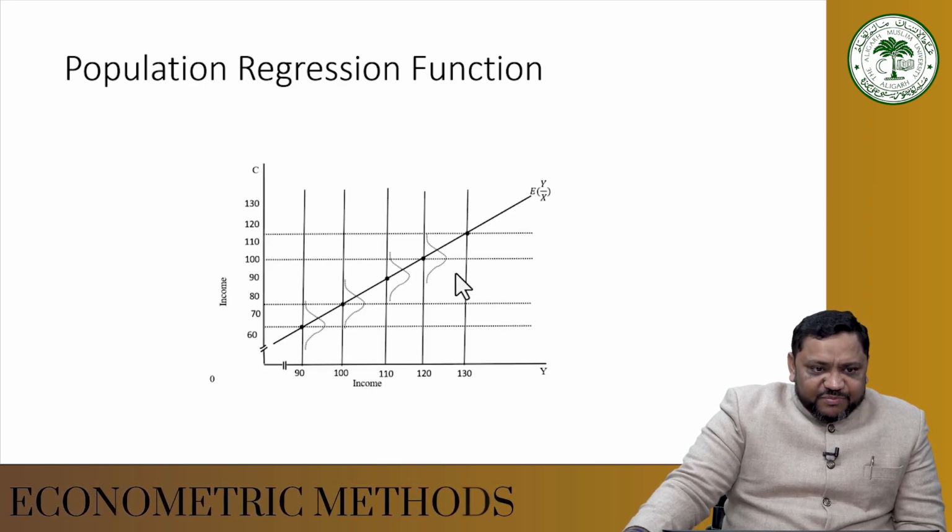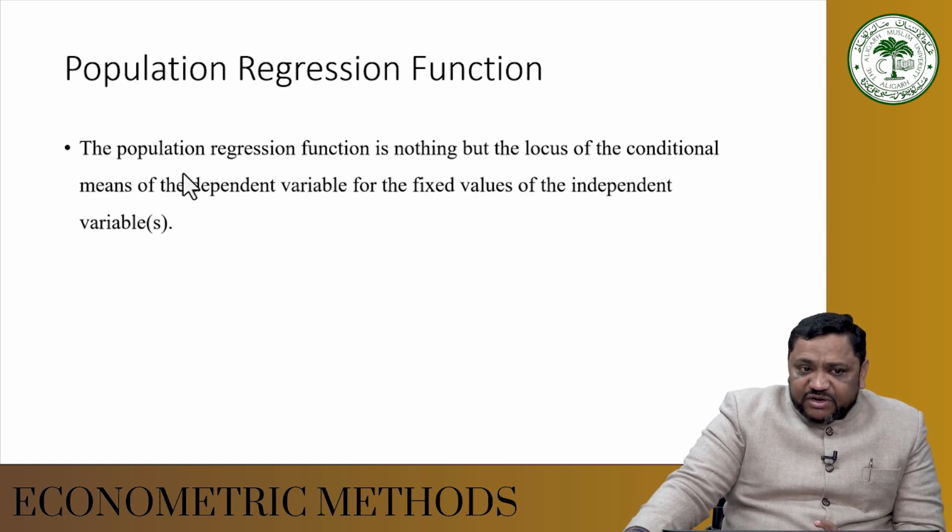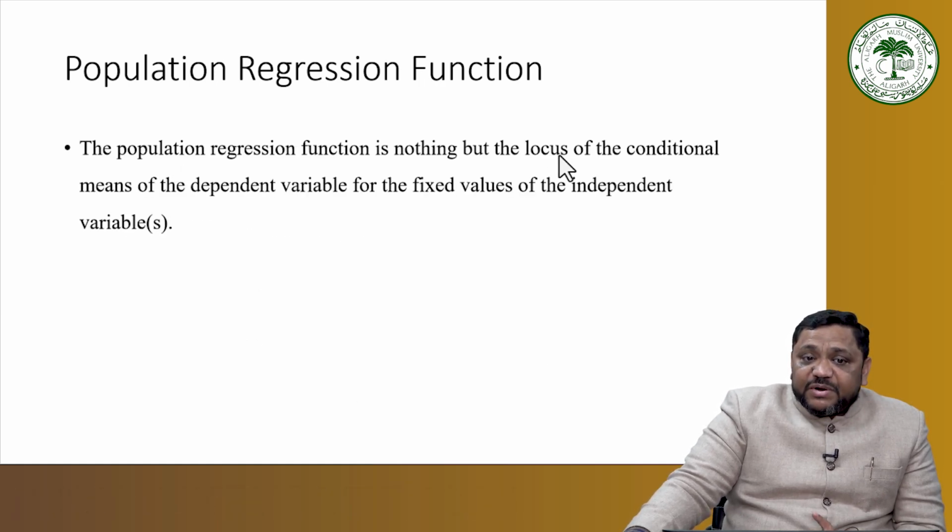We will have a look at this picture, and it will explain what the population regression function is. I repeat, the definition of the population regression function is nothing but the locus of the conditional means of the dependent variable for fixed values of the independent variable.